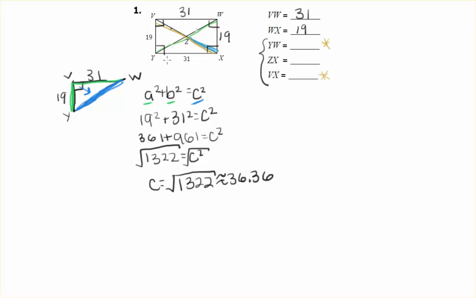That means that WY or YW is 36.36, and since our diagonals have to be congruent, it also means that VX is 36.36 also.